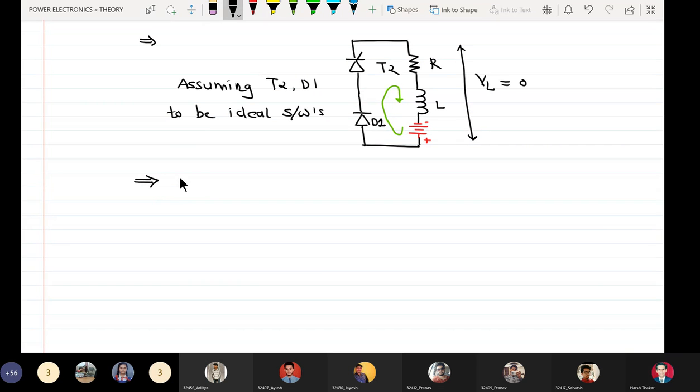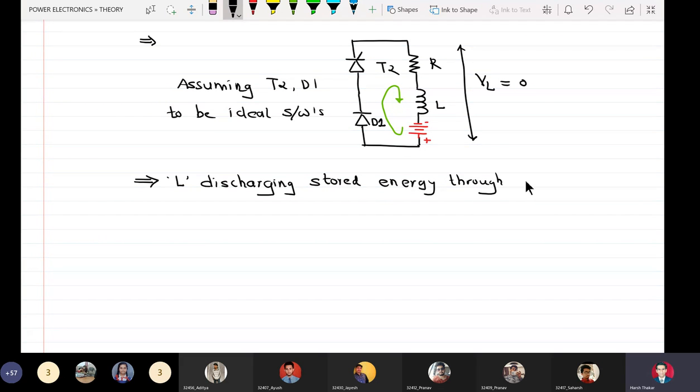So the L discharging stored energy through T2 D1 pair is called as freewheeling action.